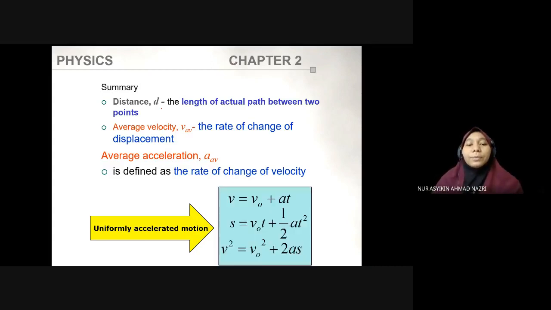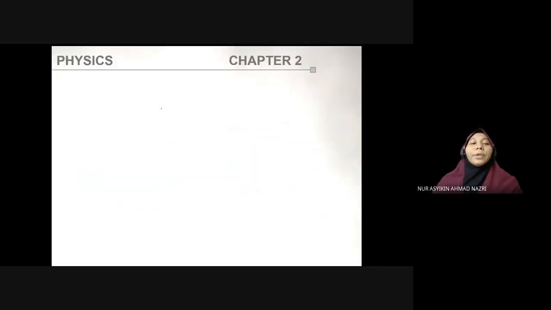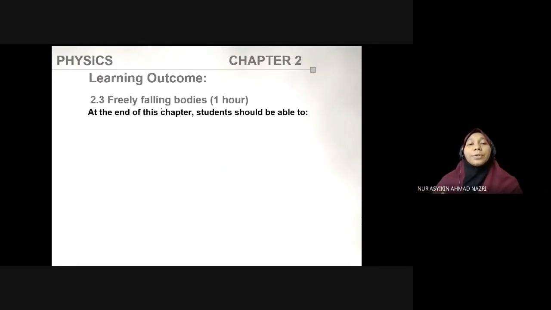I hope that you already get the idea on linear motion. Satu line je, which is horizontal motion, because we are going to see vertical motion pula.